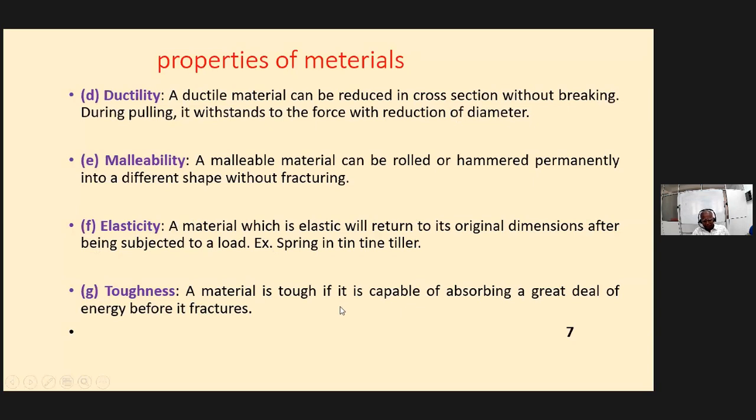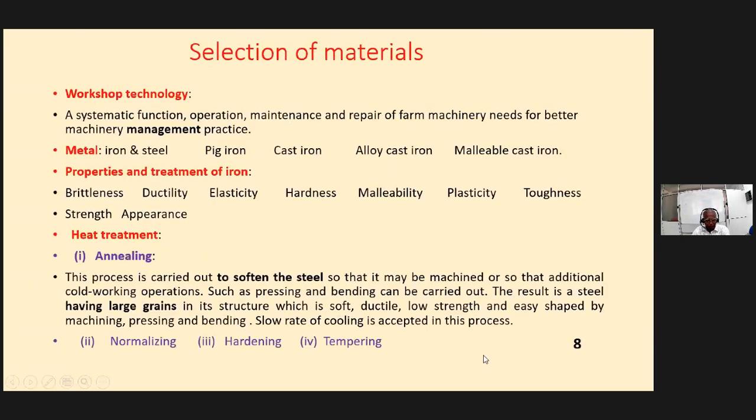A material is tough if it is capable of absorbing a great deal of energy before it fractures. Toughness, tough thing. Okay. The next one: annealing, normalizing, hardening, and tempering.